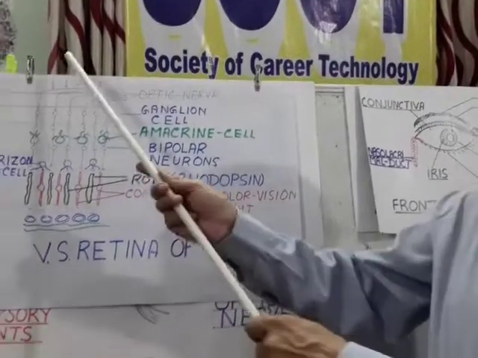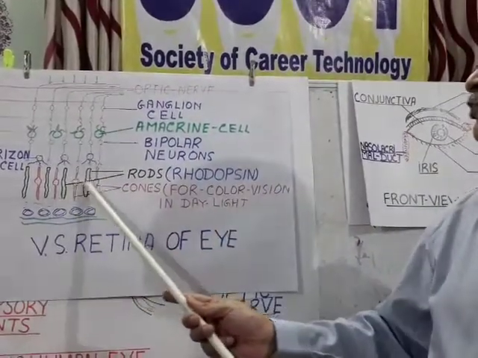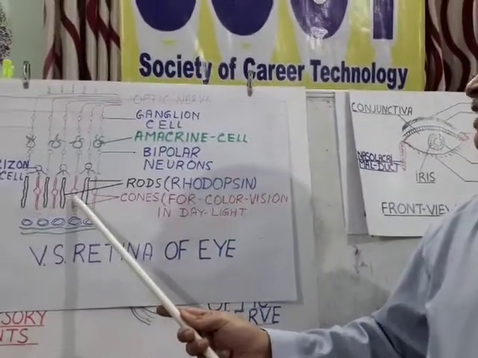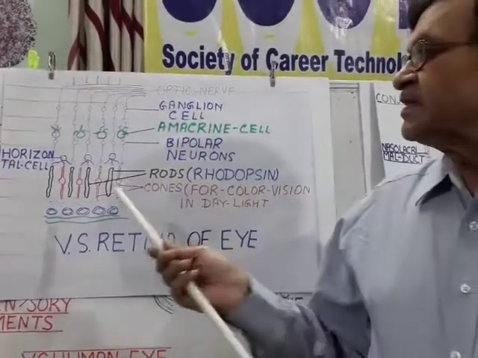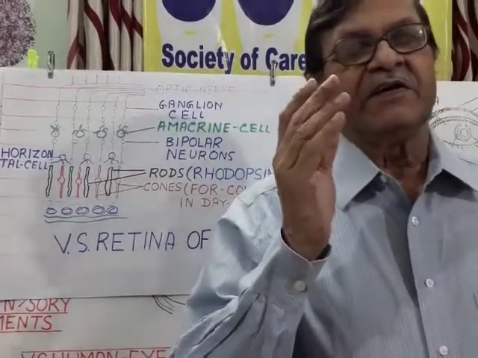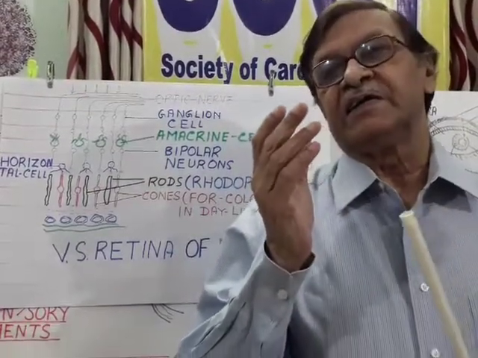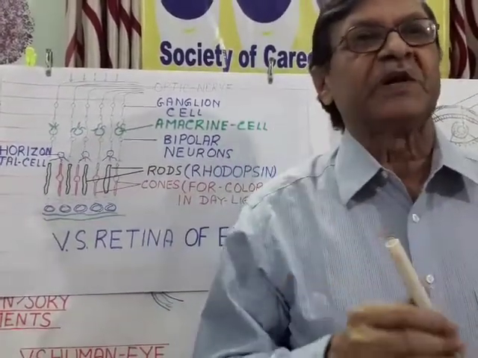And light falls here, reaches up to this retina, and then what happens is these rods contain a pigment called rhodopsin or visual purple.